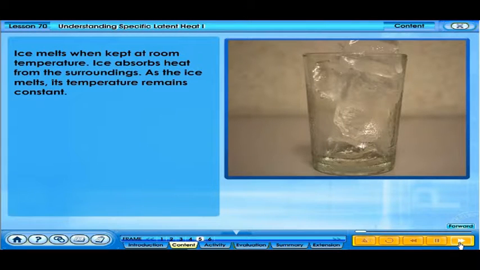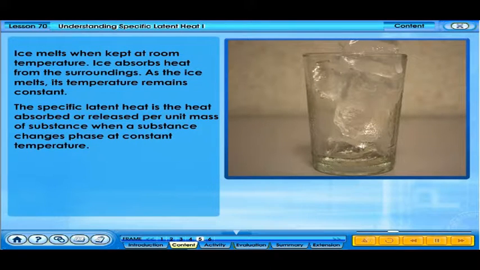Ice melts when kept in open air or under sun. Ice absorbs heat from the surroundings. As the ice melts, its temperature remains constant. The specific latent heat is the heat absorbed or released per unit mass of substance when a substance changes phase at constant temperature.